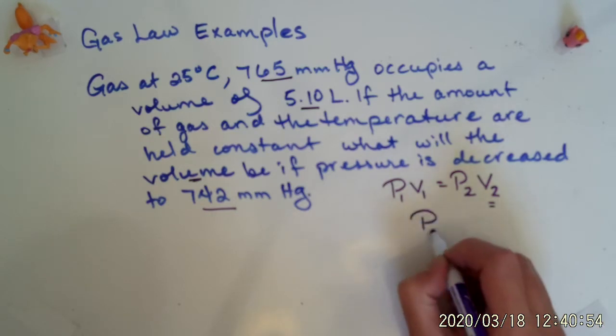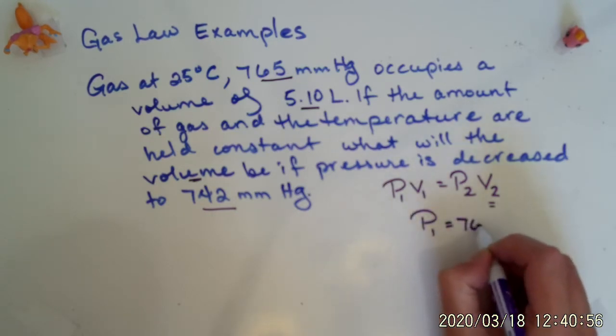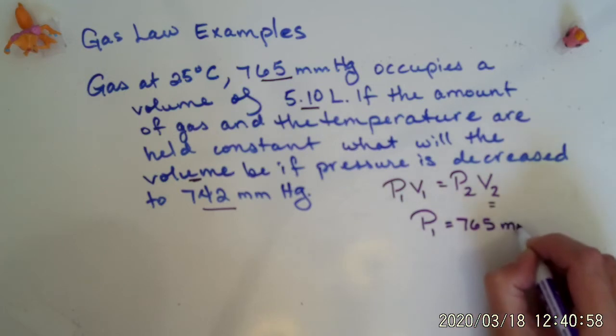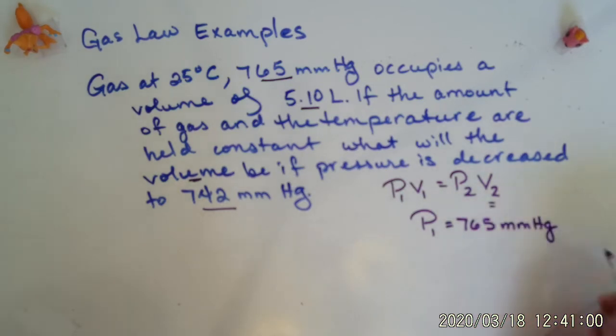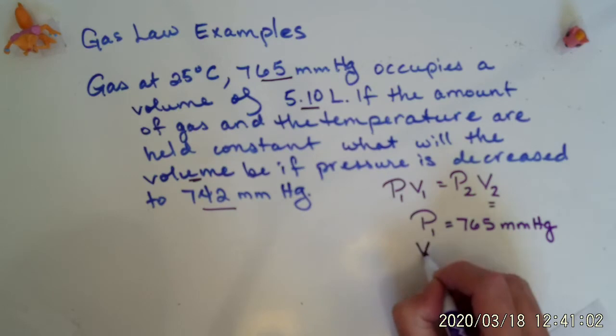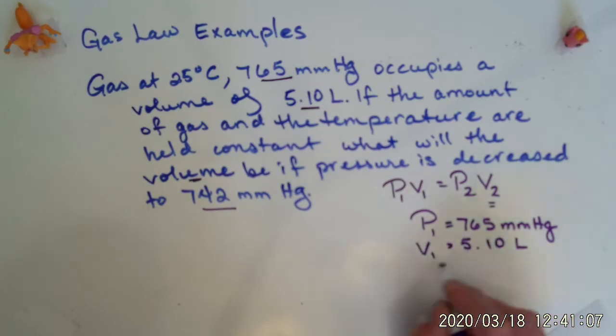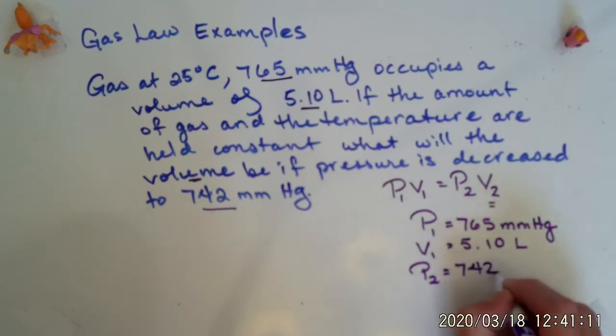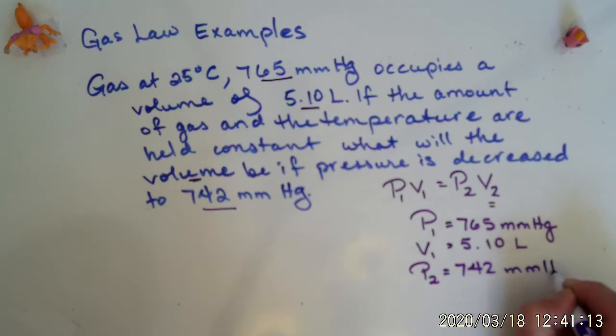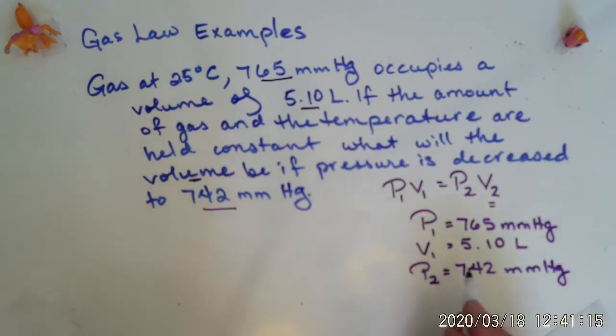Okay? So let's list down what our values are. P1 is equal to 765 millimeters mercury. V1 is equal to 5.10 liters. P2 is 742 millimeters mercury, and we are looking for V2.